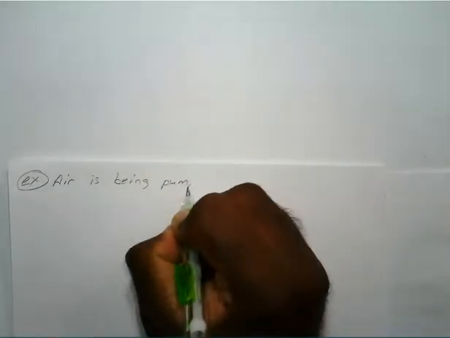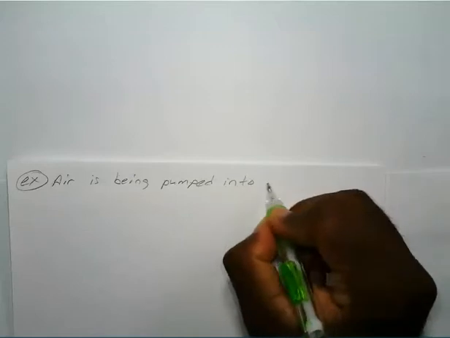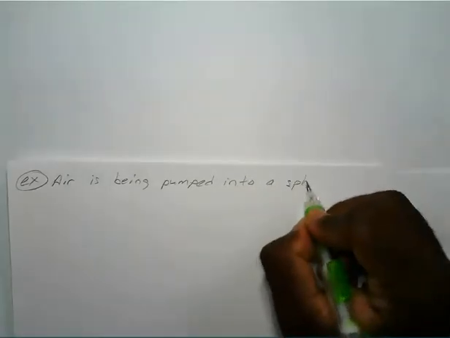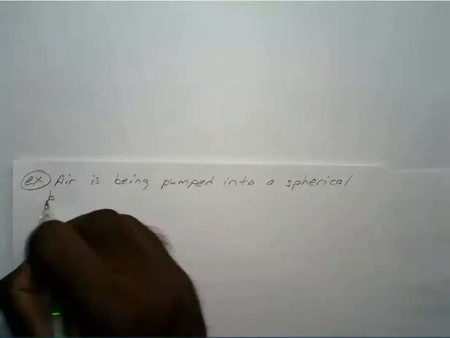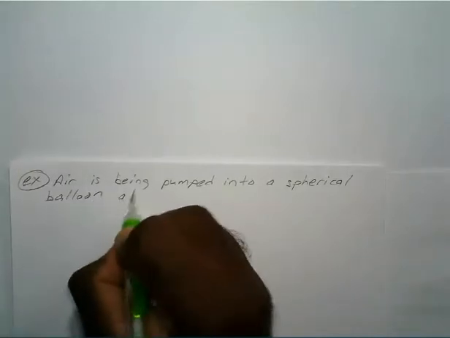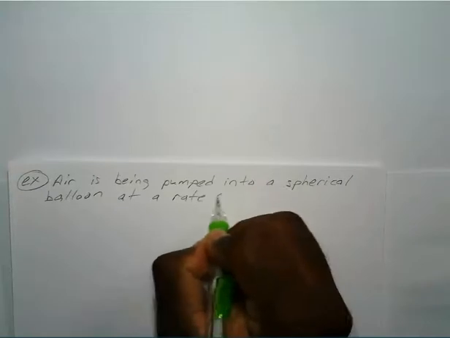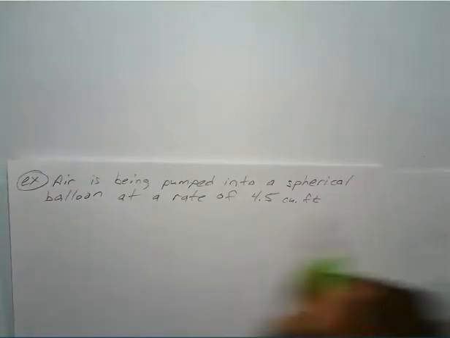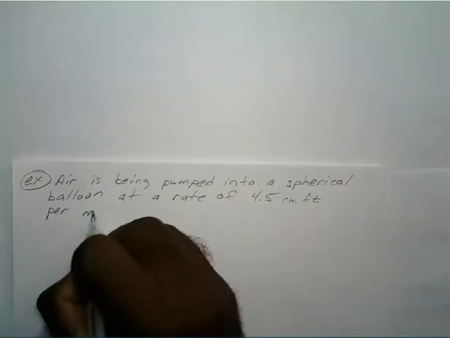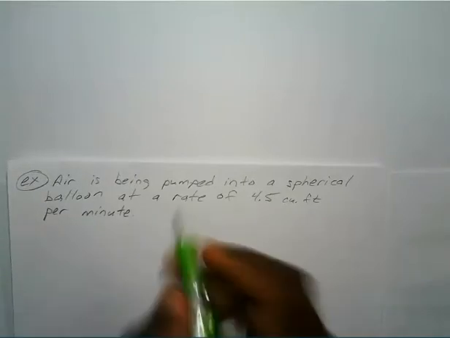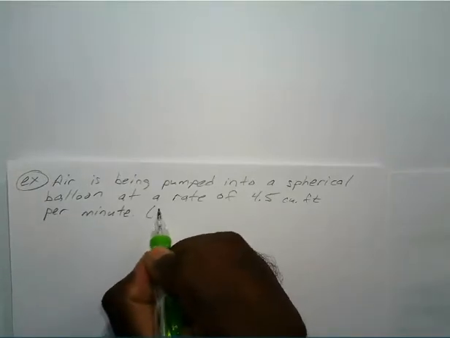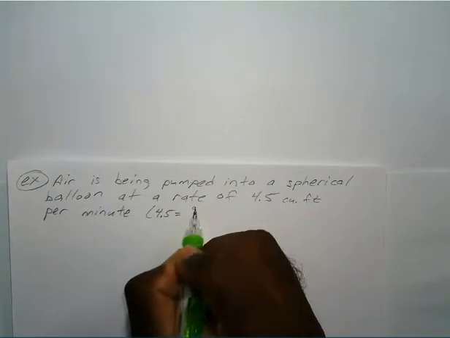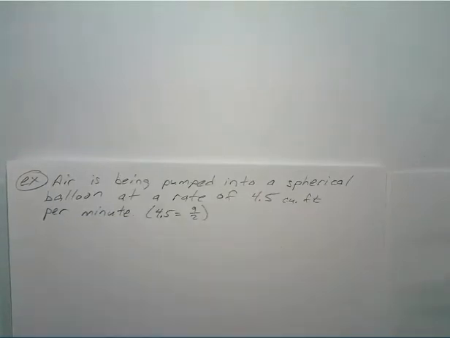Let's say air is being pumped into a spherical balloon at a rate of 4.5 cubic feet per minute. Okay, and just to clear up how we're going to use it later, 4.5 is the same as saying 9/2. So you can use either one.